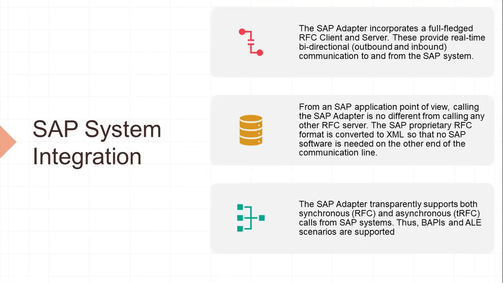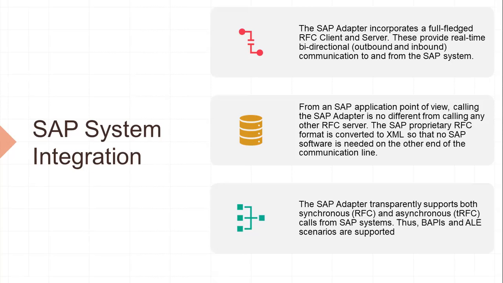And we have this: how do we do this SAP integration? The SAP adapter generally incorporates a fully fledged RFC client and server. These are generally used for providing real-time bidirectional communication to and from the SAP system.